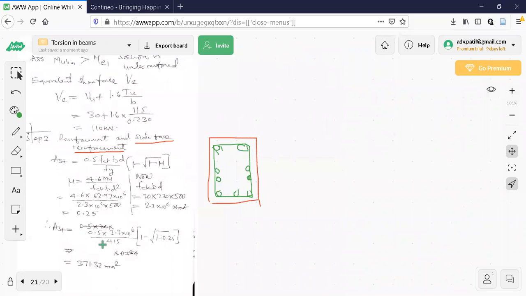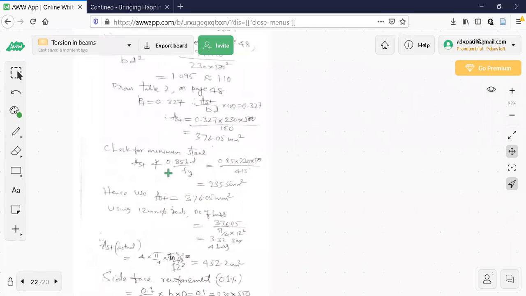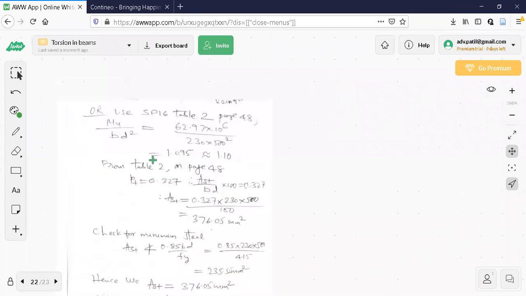Instead of this formula, which gave me 371.32, I'm going to use SP16. Now, mu by BD square, this term I have to calculate, which is 62.97 into 10 raised to 6 by BD square. I end up with 1.095, which is very closely equal to 1.1.